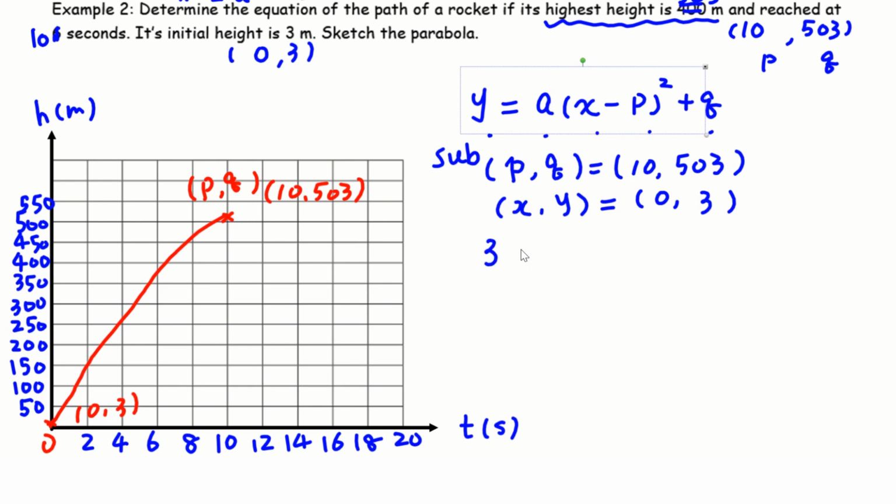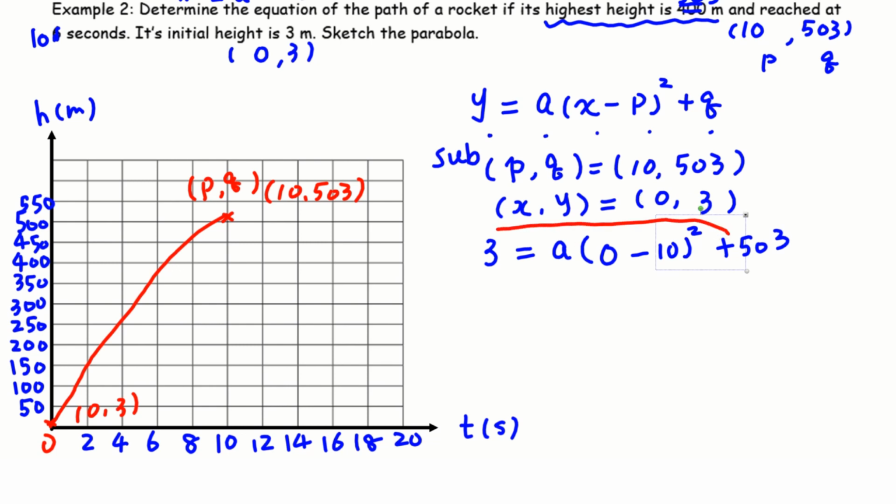We sub in these 4 given values into this vertex form. We are going to have 3 equals a, x is 0, p is 10, and q is 503. So now we are going to solve for a. We are going to move the 503 to the other side by doing the opposite operation, subtraction.